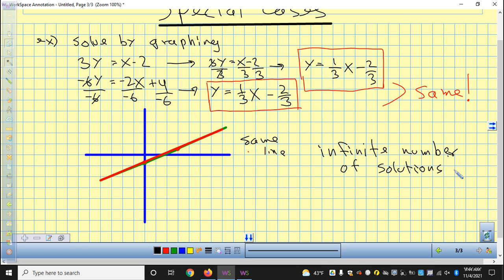And if we think back to the beginning of the semester when we were working on simplifying things, we could get an answer like 2 equals 2. This is the same thing. 2 equals 2 is an infinite number of solutions. When it's the same line, we get an infinite number of solutions. Any point that's on this line is a solution to this system of equations.